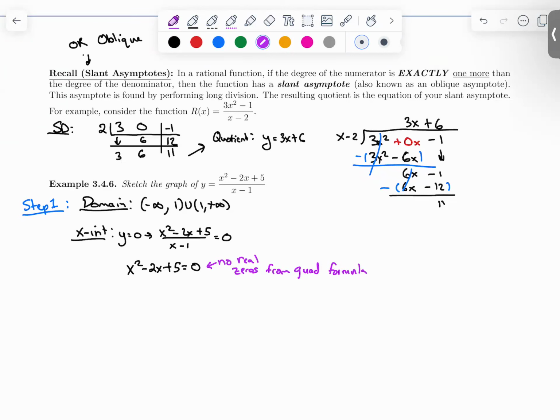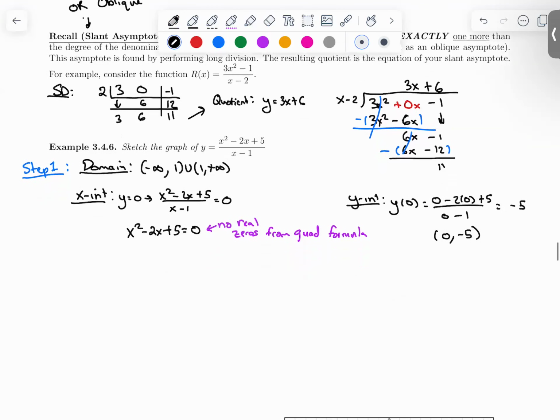It's only complex numbers, so there's no way to get through that. And then y-intercept, we just need to find y of 0, which would be 0 minus 2 times 0 plus 5 over 0 minus 1, which ends up being just negative 5. So we don't have any x-intercepts. We do have a y-intercept at (0, -5).